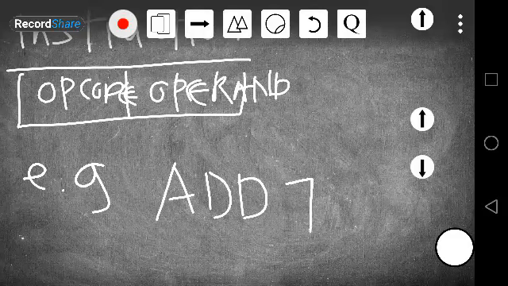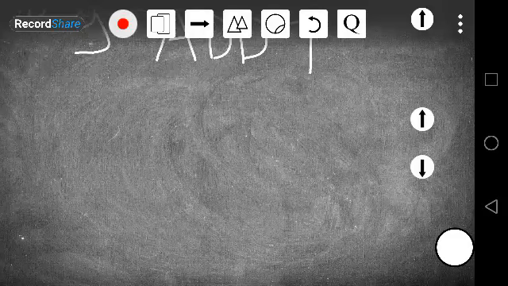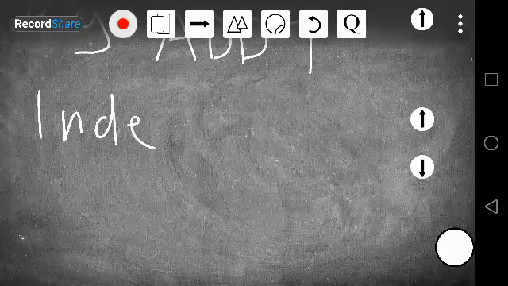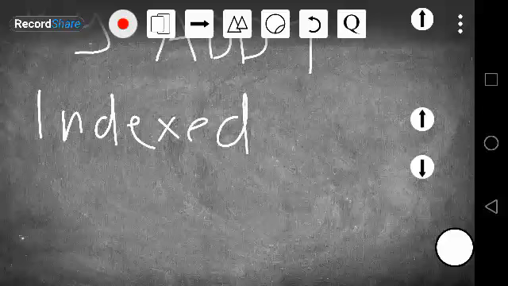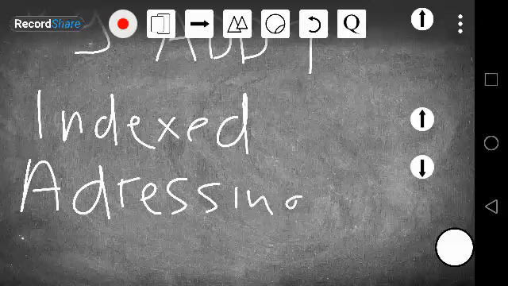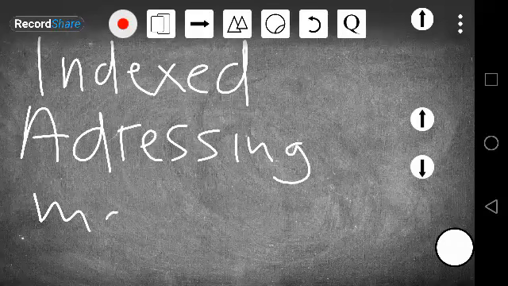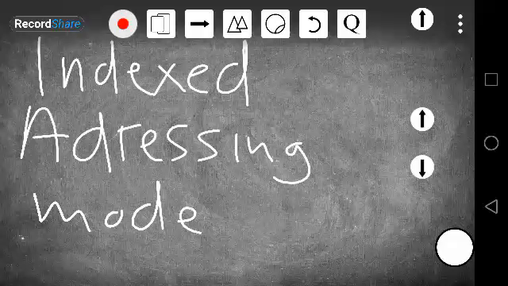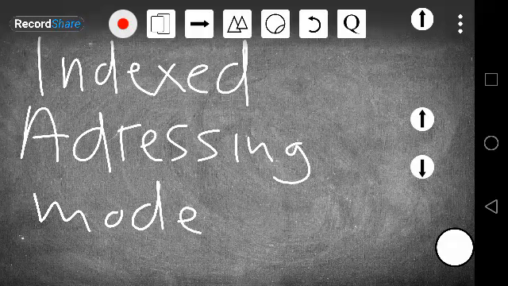All right. Last but not least, we need to look at indexed addressing mode. Okay, so on the indexed addressing mode, the address of the operand is obtained by adding the contents of a general register, called the index register, and a constant value.